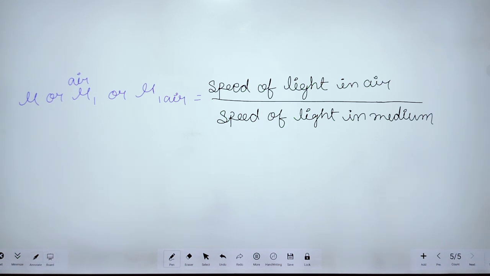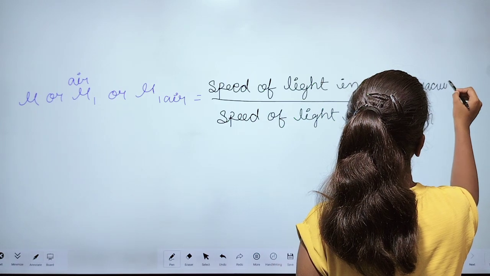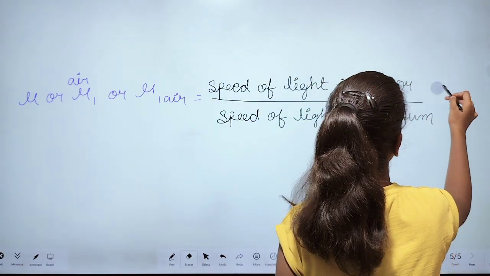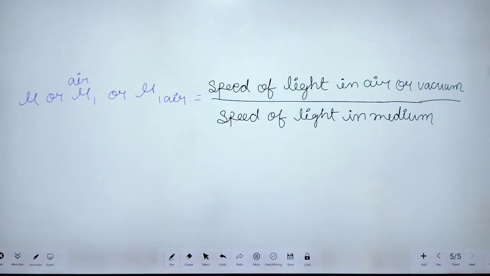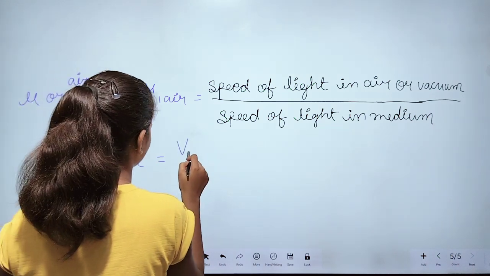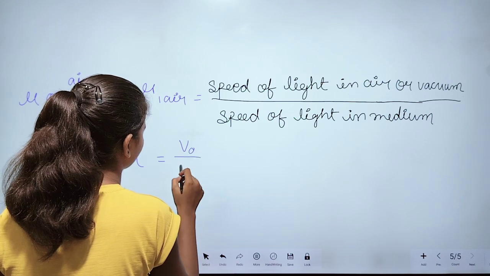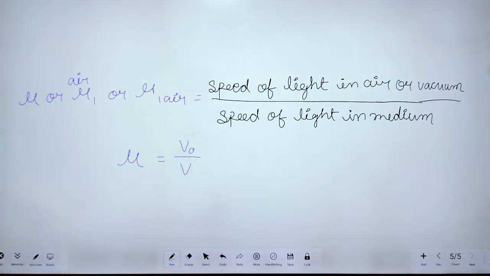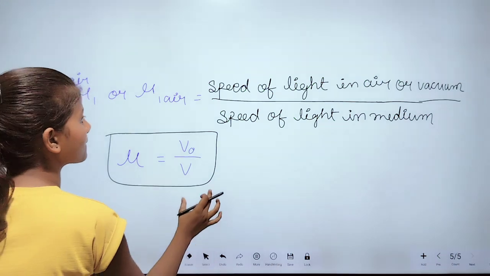In air, or you can also say vacuum. So you can write that mu is equal to V naught by V. That V naught is our speed of light in air and V is our speed of light in medium. We have to learn this.